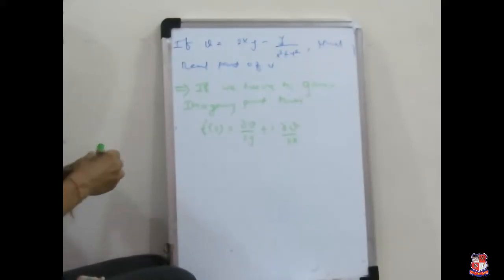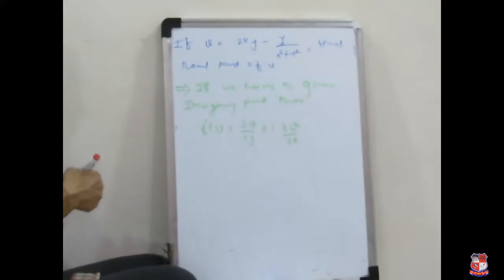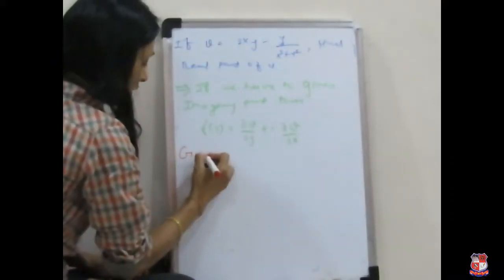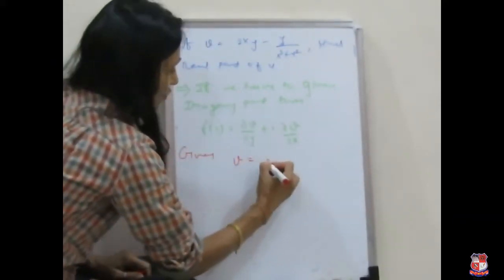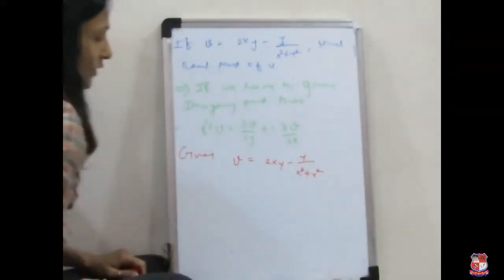Now we find derivation with respect to x and derivation with respect to y. What are we given? We are given v is equal to 2xy minus y over x square plus y square.